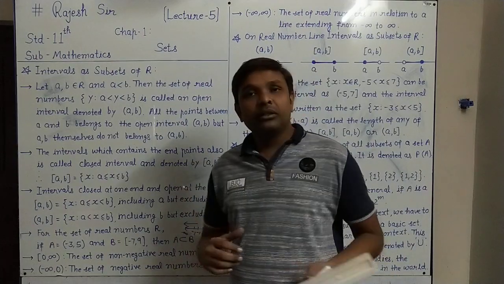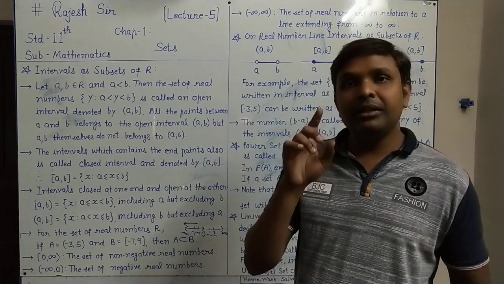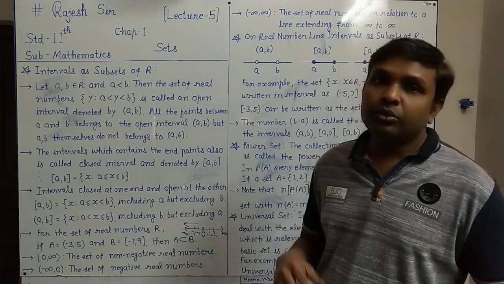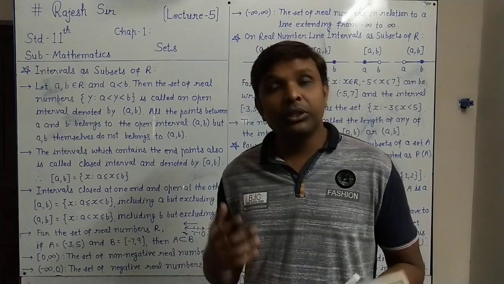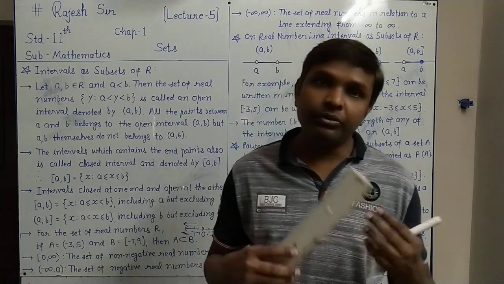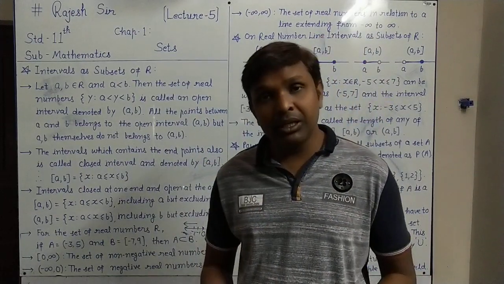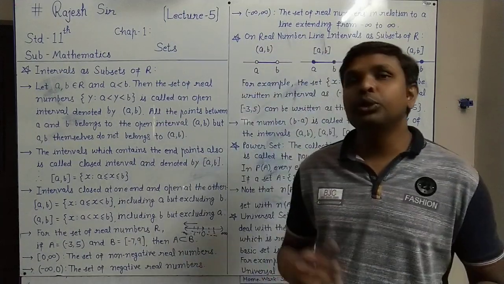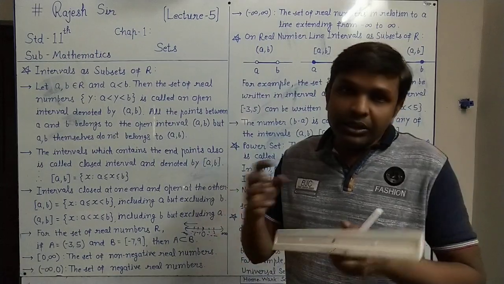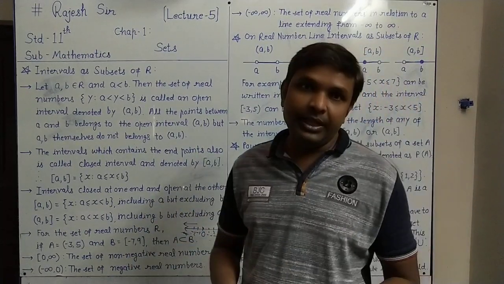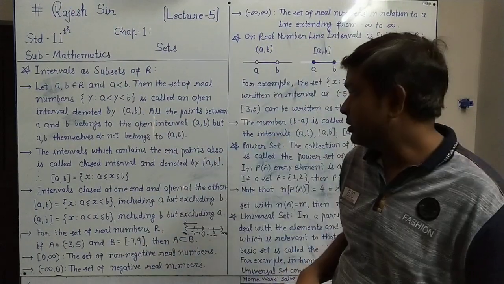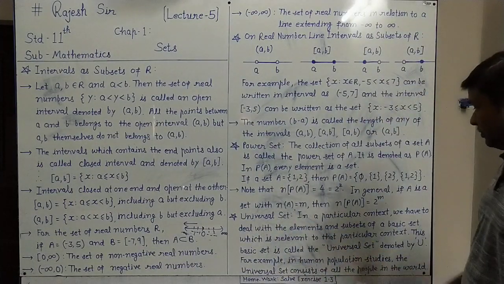As we have seen in the last lecture, N is a subset of Z, which is a subset of Q, which is a subset of R. So R, the real numbers, becomes the universal set for the study of natural numbers, integers, rational numbers, and irrational numbers also, because in the real numbers R, all these N, Z and Q are subsets of it, and their elements are elements of the real numbers. This way we can define the universal set.